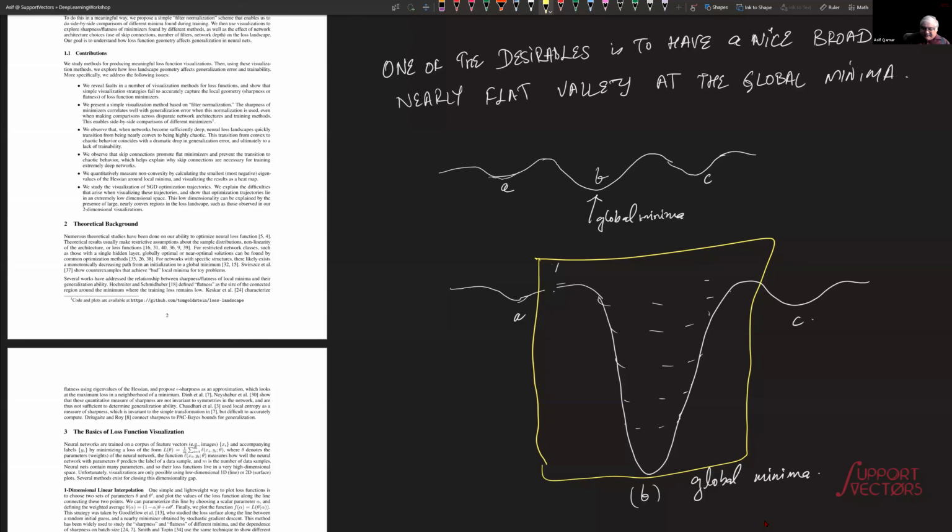So from this value, let's say that this is some weight parameter, Wi. We don't know which weight parameter it is. This is this direction, and this is the loss. So you realize that from this value to this value of the parameter, this loss surface in this region looks convex.